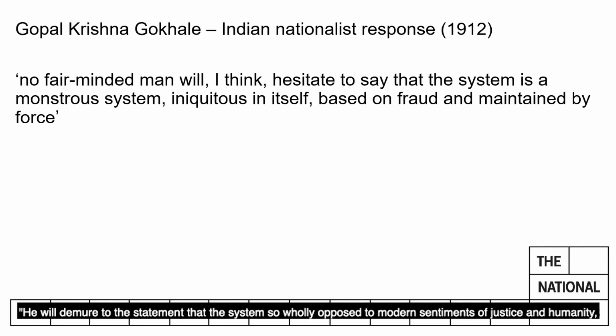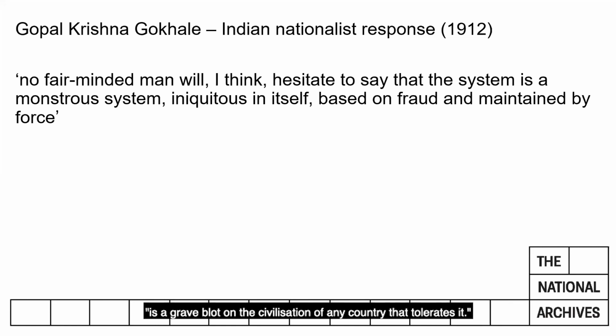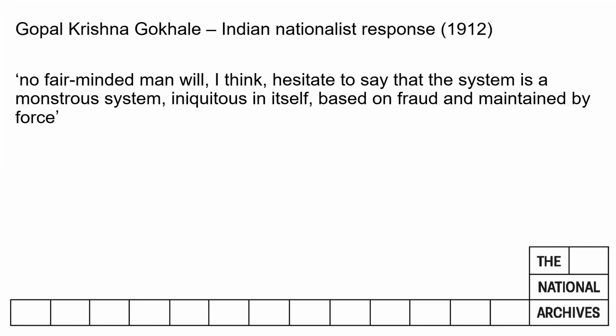He will not demur to the statement that the system so wholly opposed to modern sentiments of justice and humanity is a grave blot on the civilization of any country that tolerates it."